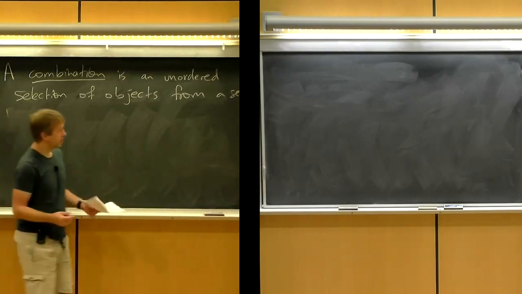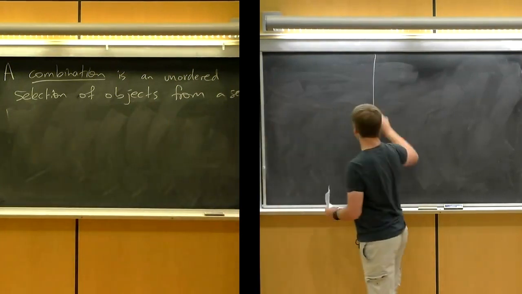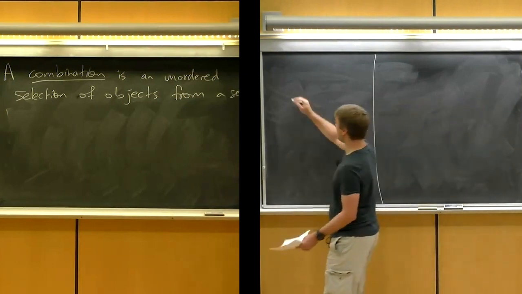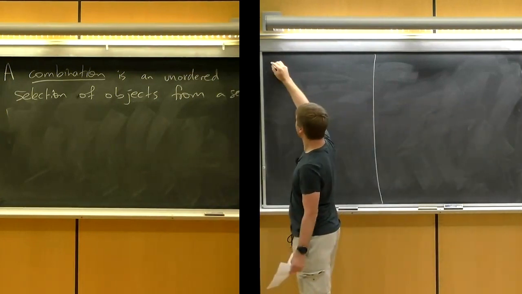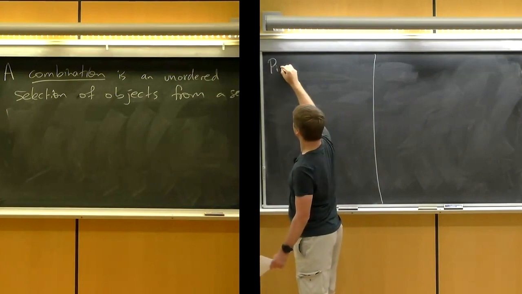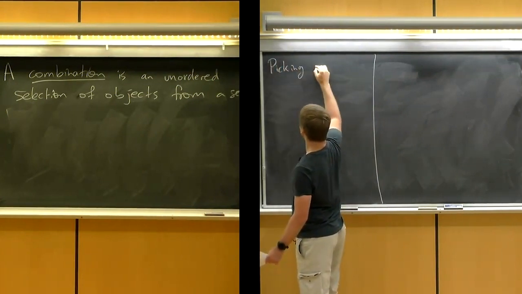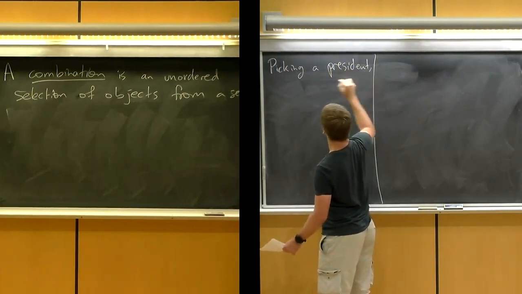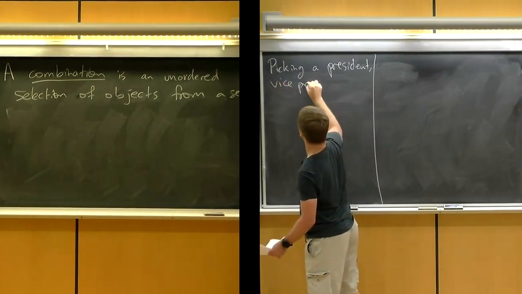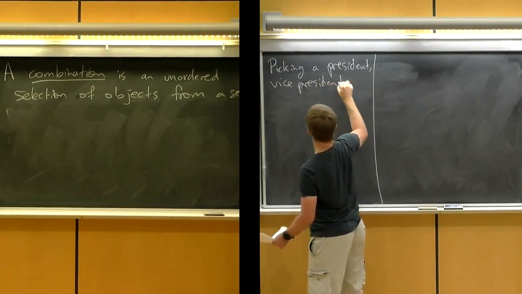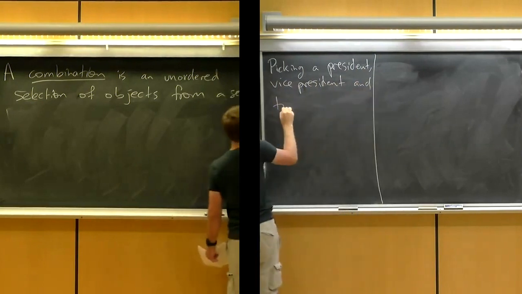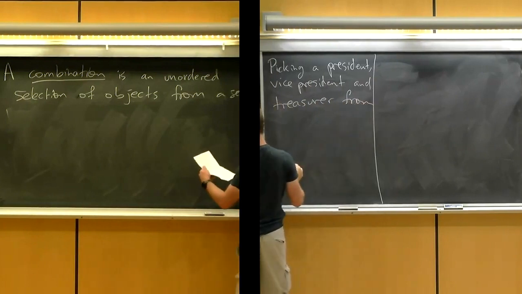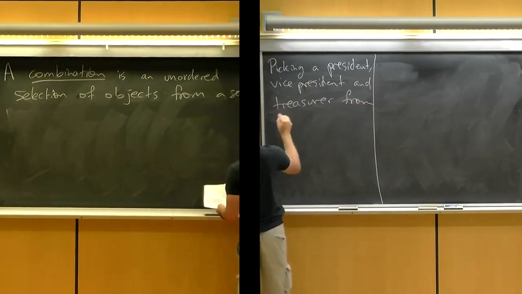Okay. So, maybe I'll illustrate the difference with a little example. Suppose I'm picking a president, vice president, and treasurer from a group of 20 people.